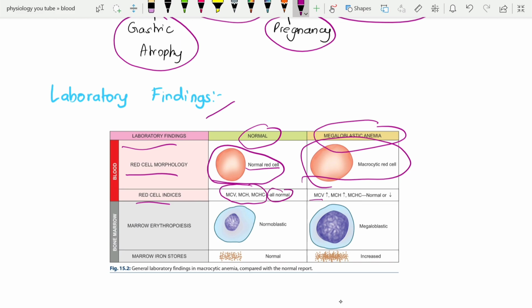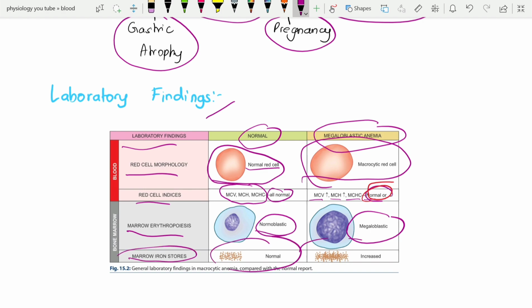Here MCV is increased, MCH is increased, MCHC normal or decreased. So please highlight this. Marrow erythropoiesis: normoblastic cells are seen in the normal, megaloblastic cells are seen here, and marrow iron stores are normal in the normal, while here they are increased.